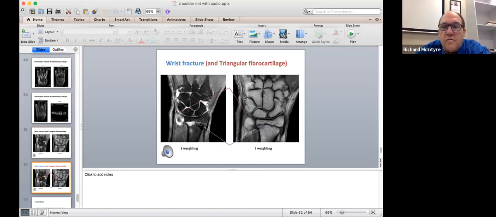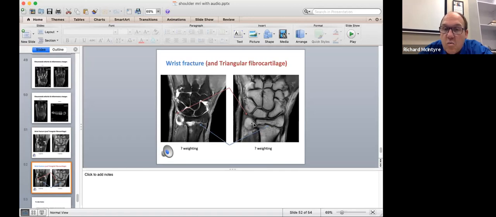Okay, and of course we've got a wrist fracture, and we've got triangular fibrocartilage. So that's a common area in the wrist that is disrupted in fractures or in trauma. Okay, and also attrition, also wear and tear. All right, so those are common areas.